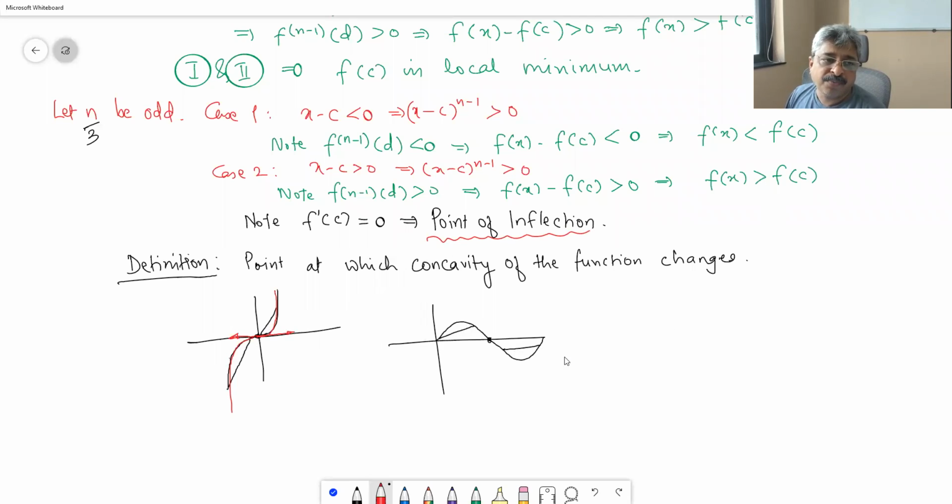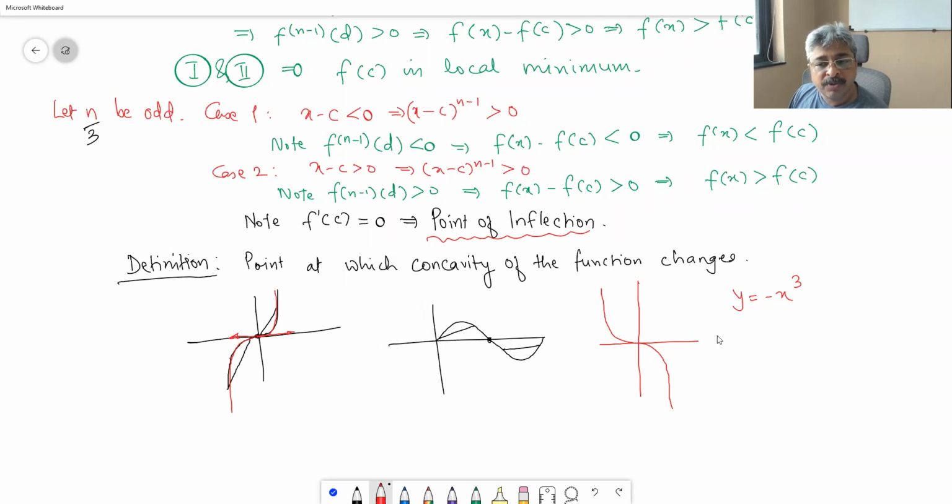Now if the function was something like y is equal to minus x cube, then exactly similar things would happen, but the signs would be exactly opposite, and our given condition would also change.